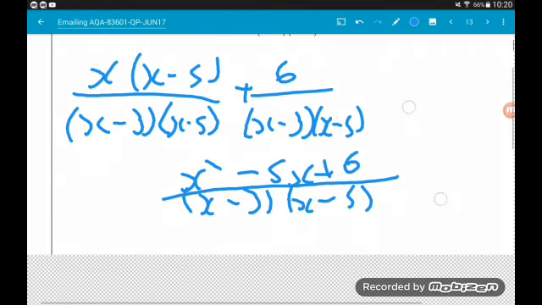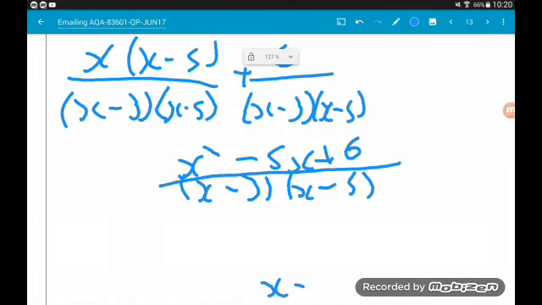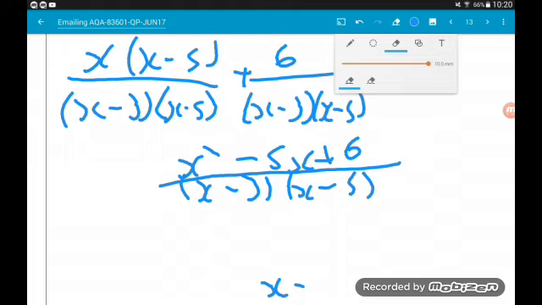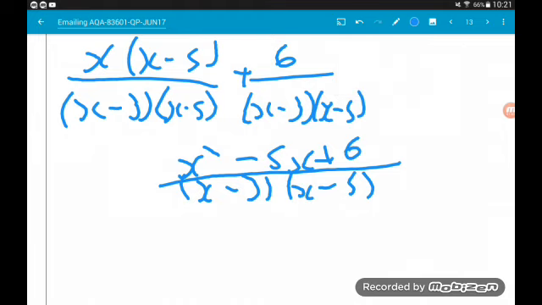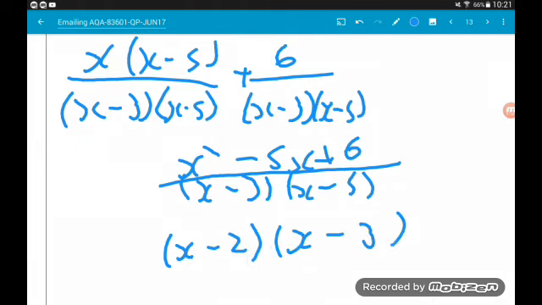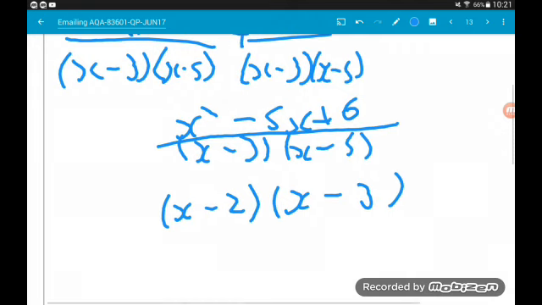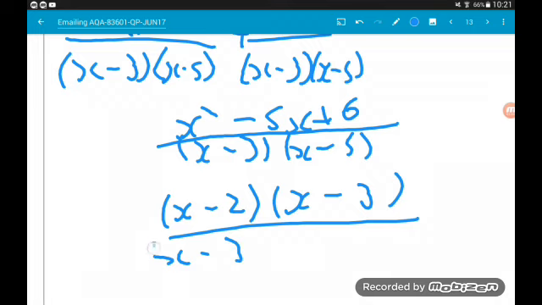We can now factorise the top. Okay, so we can factorise the top. So we will get x minus 2 times x minus 3 up on top over x minus 3 times x minus 5.